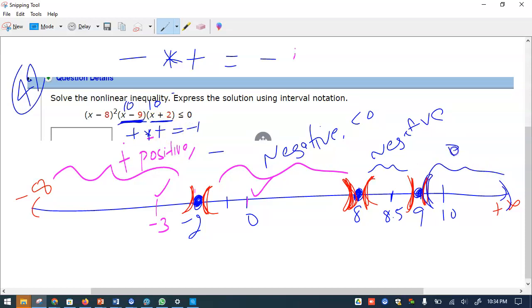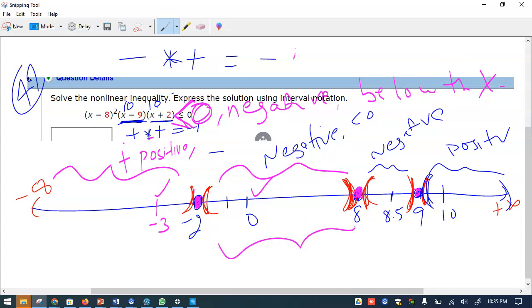What it means is we needed to know when the whole thing is either 0 or negative. We have seen these points are included because they are equal to, and we want to know when it is 0 or negative, which means below the axis. You can clearly see negative is this one and this one.